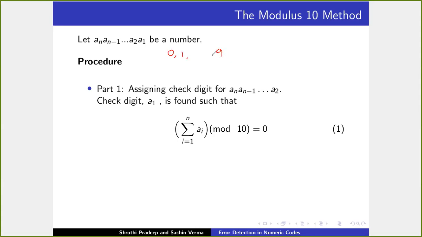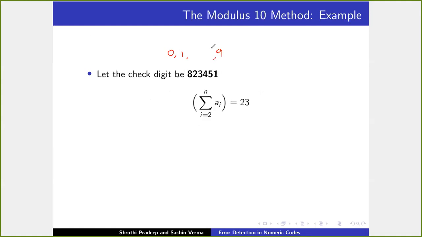If I don't say this, then for mod 10 to give me 0, there would be many numbers for which mod 10 gives 0. So here we can say that 7 plus 23, mod 10, will be 0. So my value of a1 is 7.